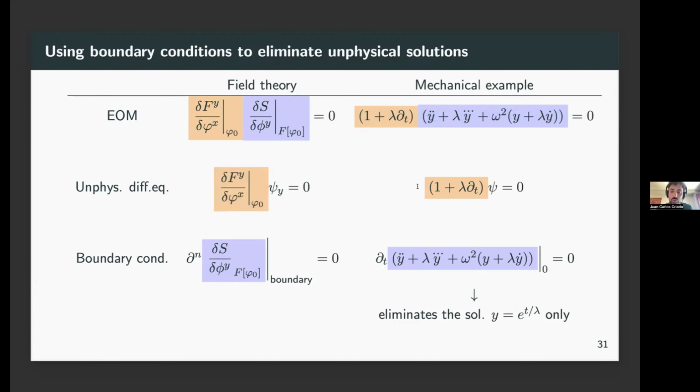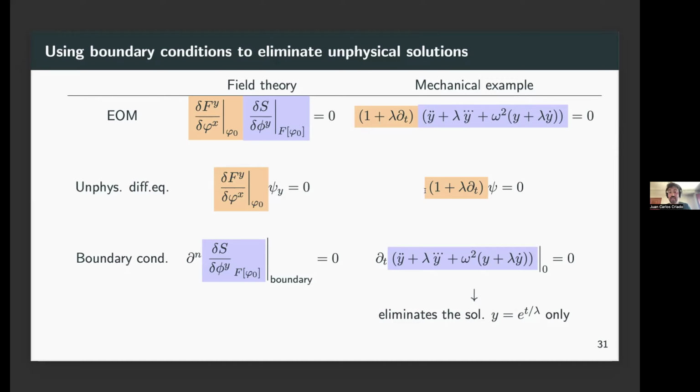Because there will be solutions to the second row in the table, which is just the differential operator acting on some function. If there are non-trivial solutions of this, then the original equation of motion itself could take that form, and then it would be non-zero, and that's a non-physical solution.